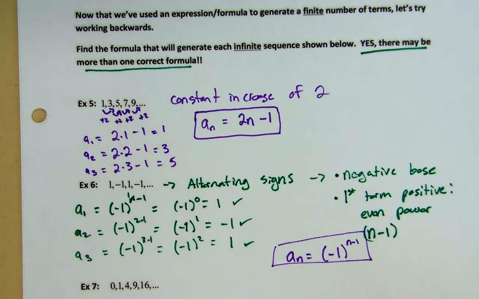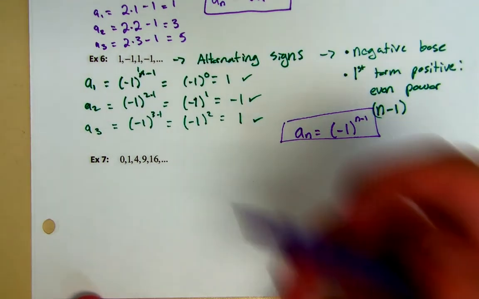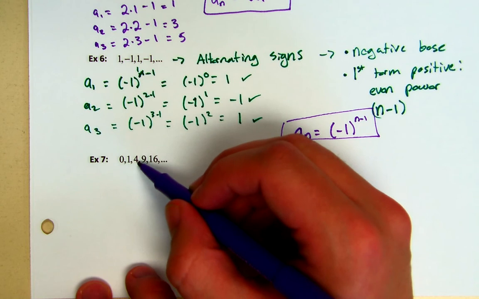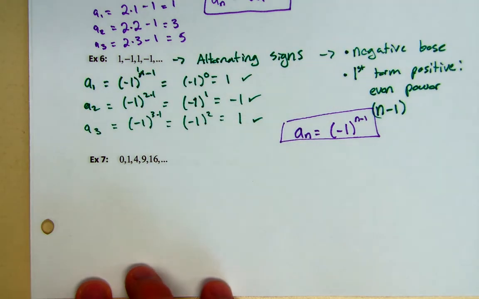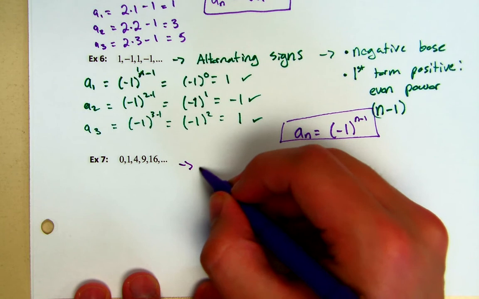Alright, example number 7, the final one. What we should realize from this formula is we start with 0, then we have 1, then we have 4, then we have 9, then we have 16. Should notice that there are perfect squares here.